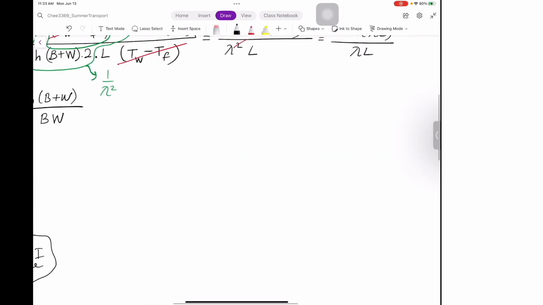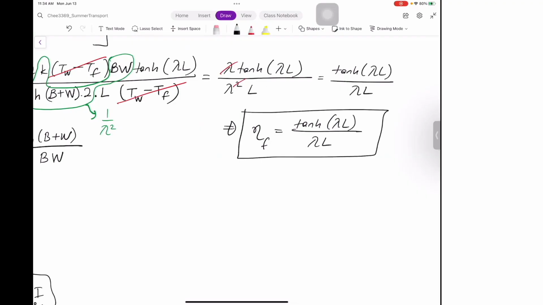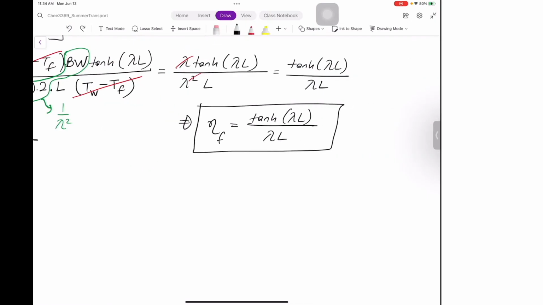So the fin efficiency is this. If you know the conditions like H, K, and the dimensions of this system, you can easily calculate the fin efficiency. Tangent hyperbolic is a function that you already know.